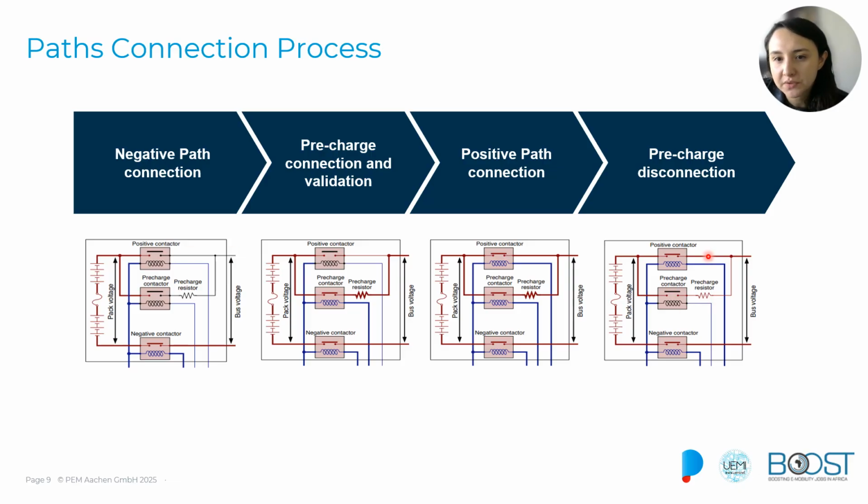If during this process we have any failure, maybe during charging of the capacitor, or in any of these intermediate stages, in that case the system will go back to a protective state where all of these contactors are open, and the system insulates the battery and protects all the components from potential damage.